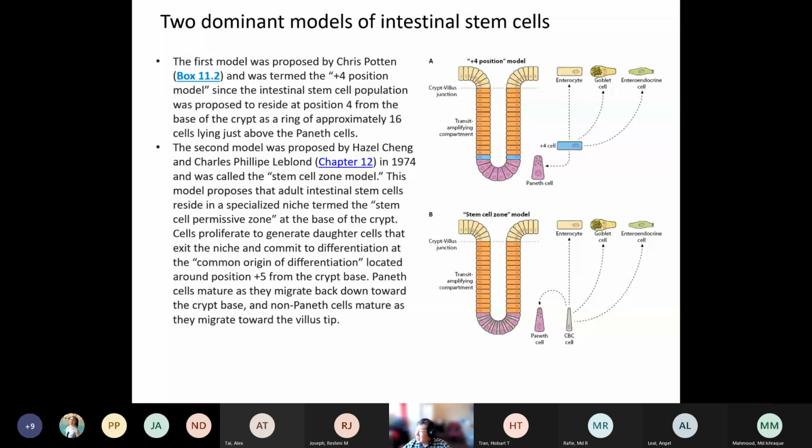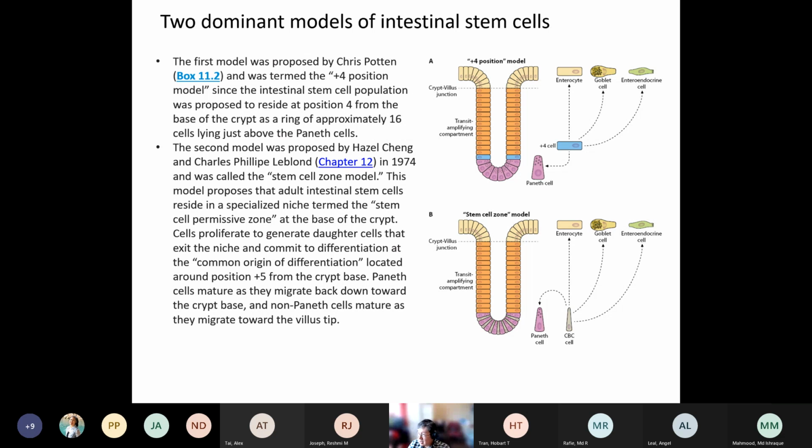This is not really a count. It just says that between the Paneth cell and the transient amplifying cell, you have this region, and this region is very close to the bottom, but not exactly the bottom. It's close to the bottom, but not the very tip of that bottom. So you have about 16 cells that are considered stem cells.